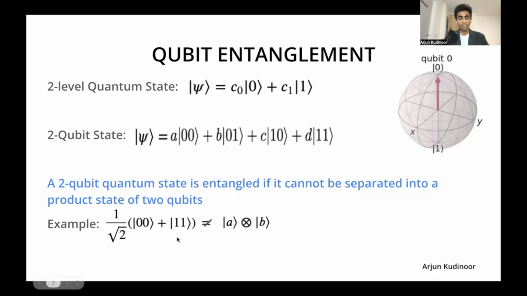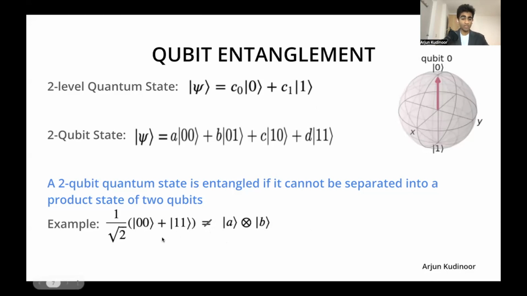So in this case, if we have the state of finding both particles in either the 0 state or the 1 state with equal probability, no matter how hard you try, you won't be able to split this up into a product of 2 independent qubit states. By independent qubit states, I mean something that looks like this. You just won't be able to. So if you're unable to do this, we say that your 2-qubit state is entangled.